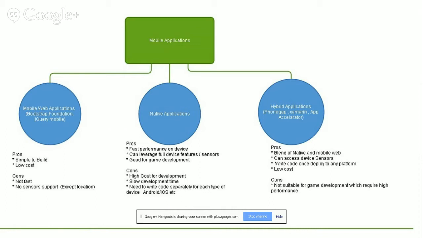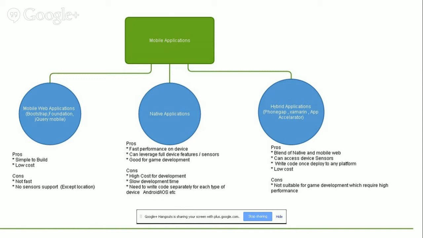Native applications have fast performance because they sit on the device, and they have access to all the CPU and sensors on the device, so they can leverage full device features and sensors.